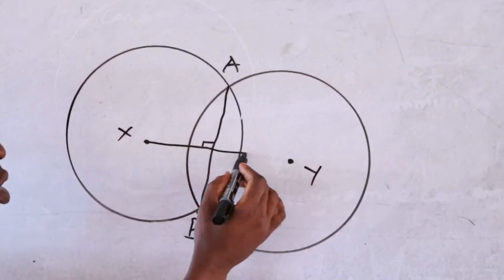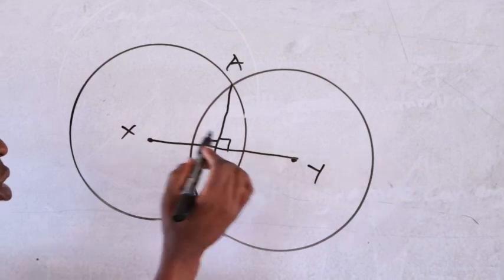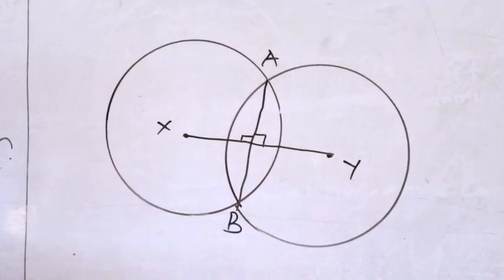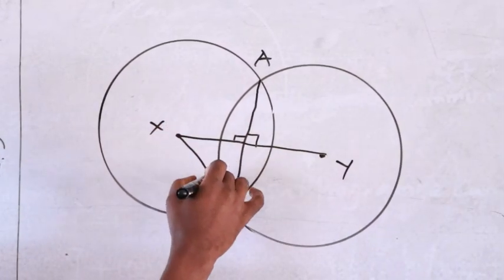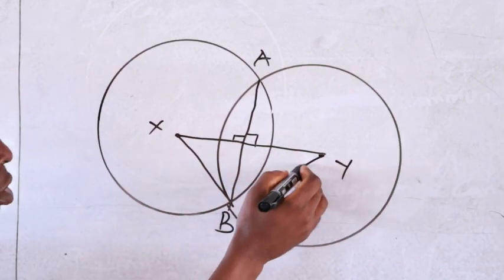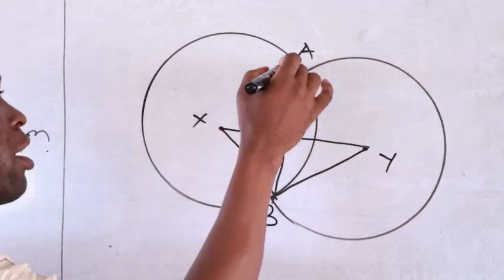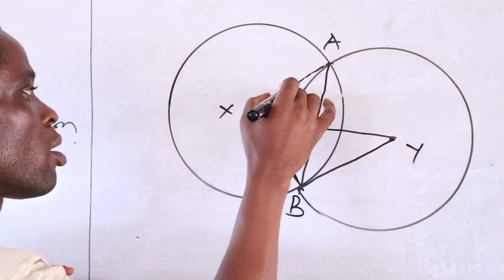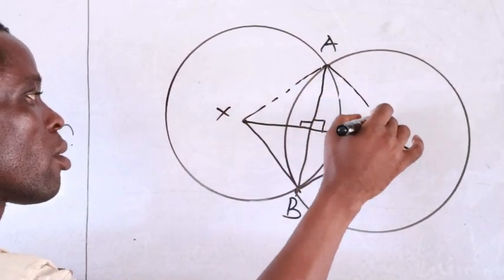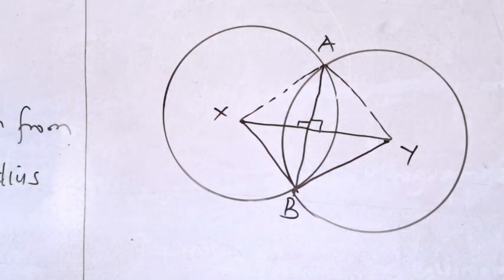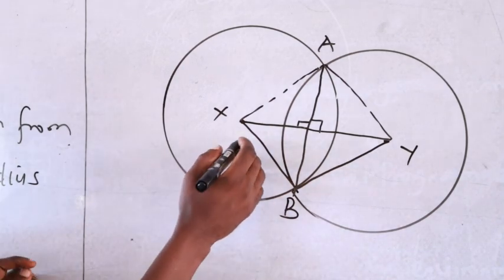And I can still draw this one too. It's also perpendicular to the chord. Now, this is the radius, and this is the second radius. Or you can even complete it and draw this. Now, I hope it is clear. Now, what is the first radius that we have here?